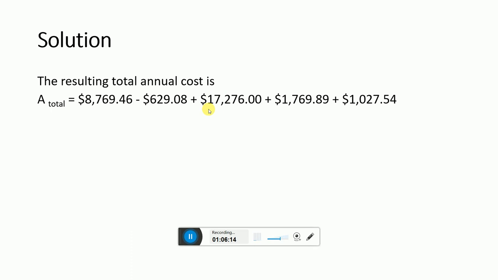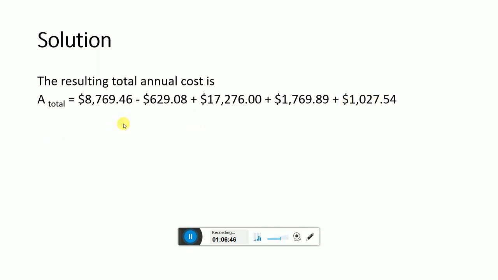Similarly, 17276 dollars is the annualized fuel, oil, grease, and minor maintenance, and 1769 is the annualized tires cost, and 1027 is the major repair cost.